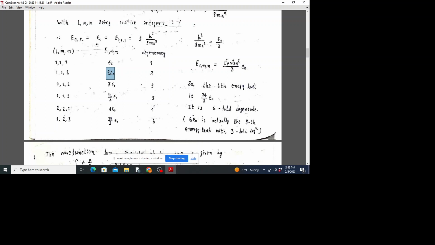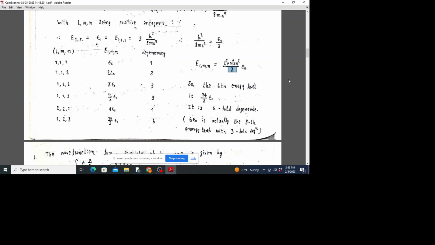They have written 6 epsilon naught as the second energy level, so I guess they have somehow not considered this 1 by 3 factor here. So the question is this: 6 epsilon naught is the second energy eigenlevel, and you have to find the degeneracy of the next energy level.